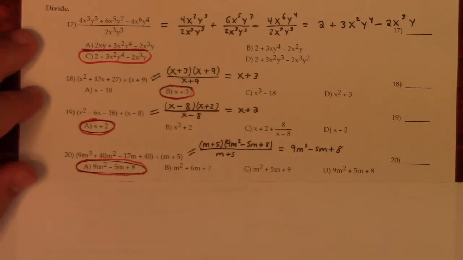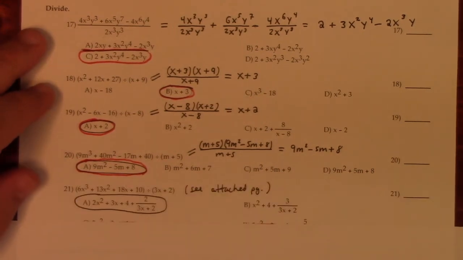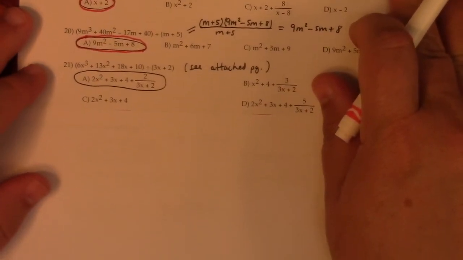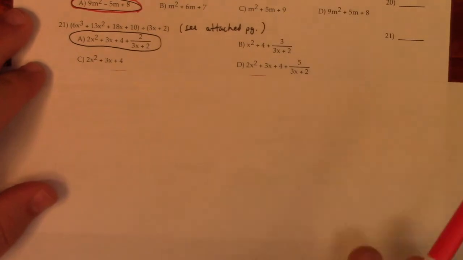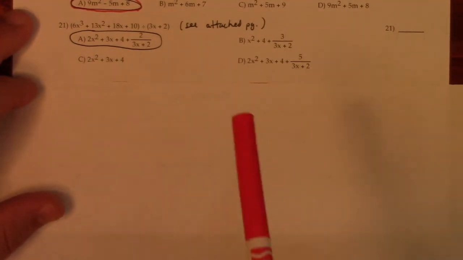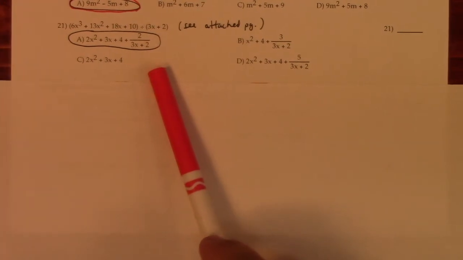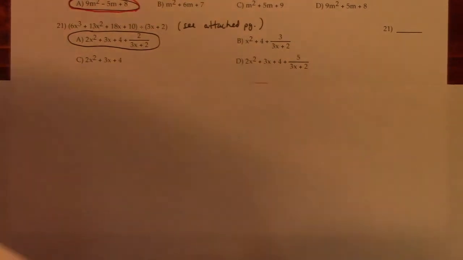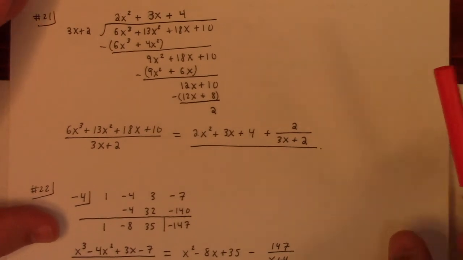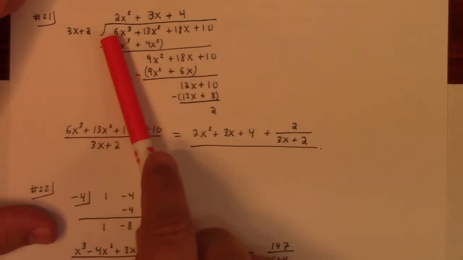Okay, so next up here, number 21. I'm a little bit more honest now. I'm like, all right, fine. I'm not even gonna pretend. See attached page. All right. So number 21. Here it is. I did 3x plus 2 divided into that.